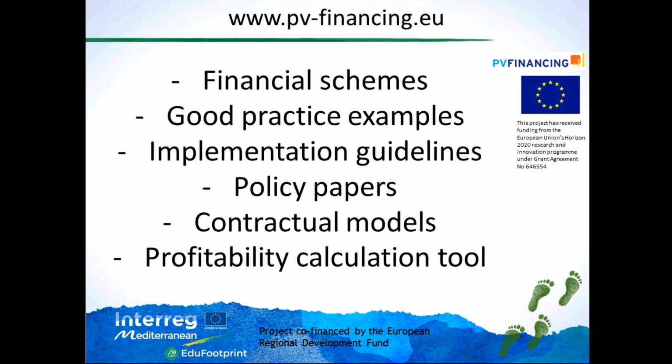On the website, you find some financial schemes for developing photovoltaic, with the benefits and the problems of each financial scheme. You also see some real good practice examples coming from all these countries. You find the implementation guidelines. In this case, these are not in English, but in the national language of the country.